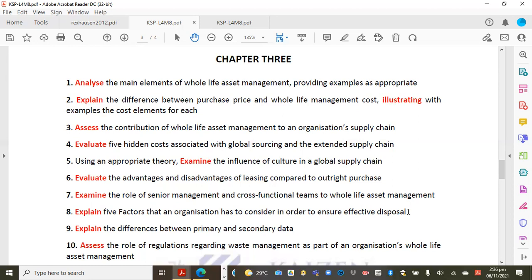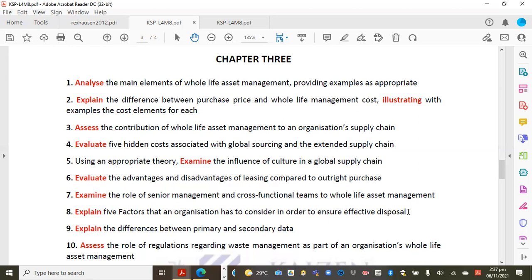You have to consider that, and even the disposal risk must also be considered, and environmental impact. All these are the factors, and I think you may get it on page 181. Yes, page 181. You have it there.